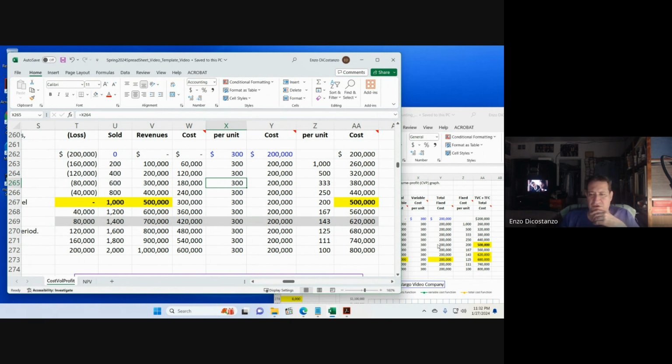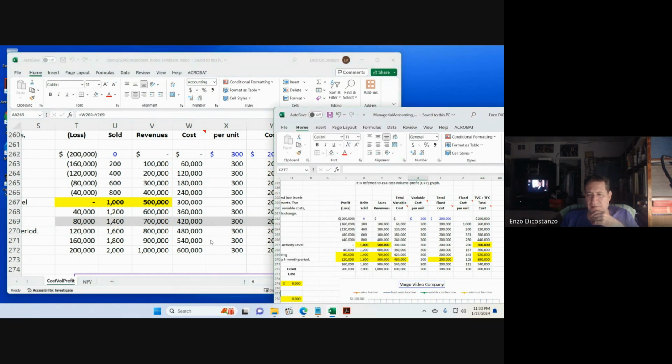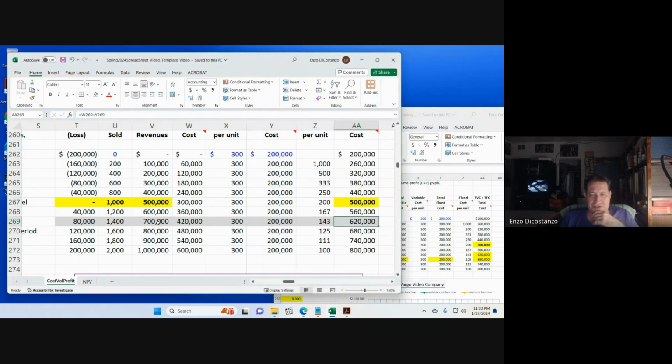You're at the 1,400 point there. You get your fixed cost here. You have your total cost there. We didn't care about the per unit numbers so much.